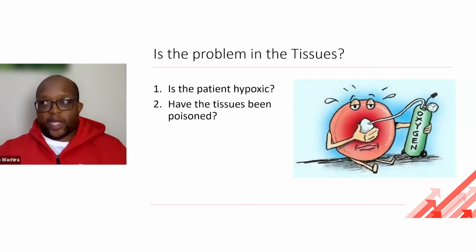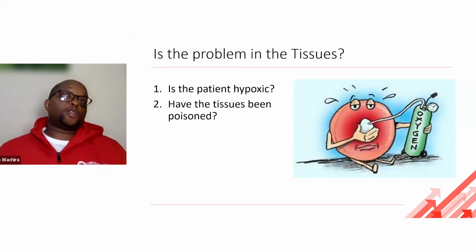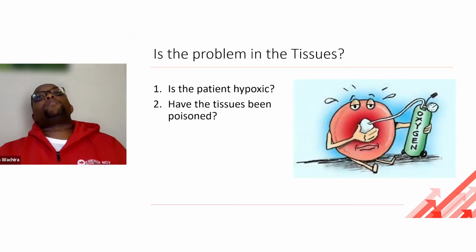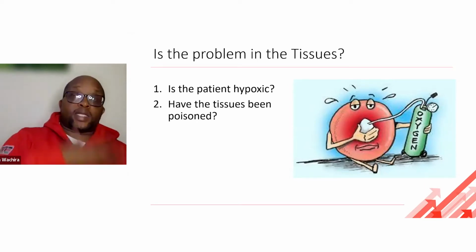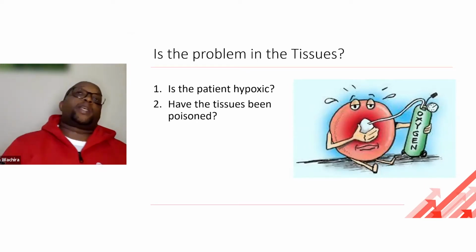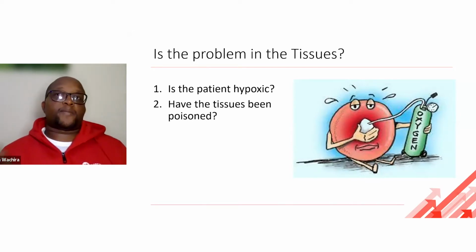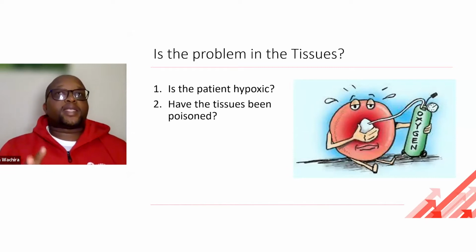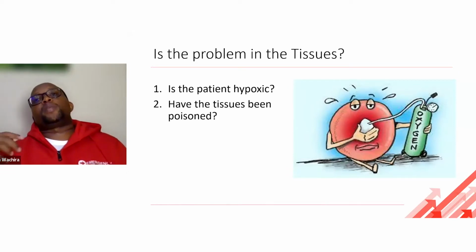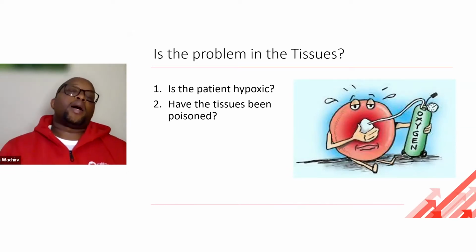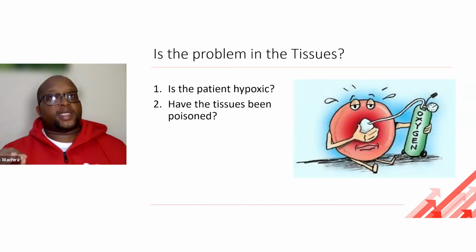So you're having end-organ dysfunction, not because there's no good blood flow, but because the blood getting to it doesn't have oxygen, or the oxygen is getting to it and your patient is not able to consume the oxygen properly. This is commonly seen in patients with carbon monoxide poisoning, cyanide poisoning, but also sepsis patients.